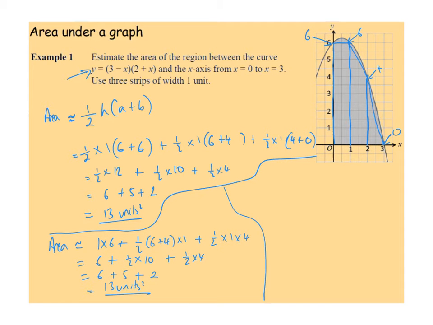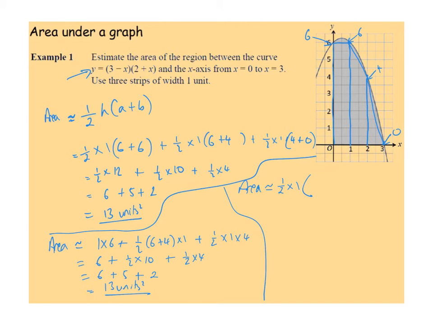And then the final thing is, if you look at the first way that I did this, you can see that we've got a half times 1, a half times 1, a half times 1. And so we could just have that at the start. And then we're going to need to put these heights in.